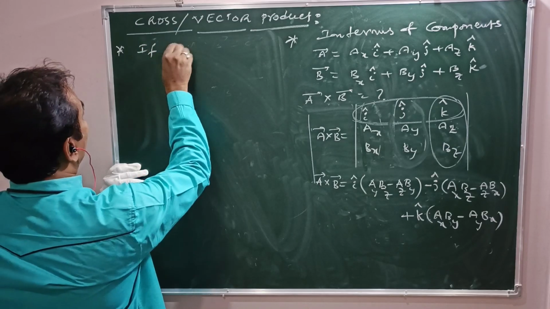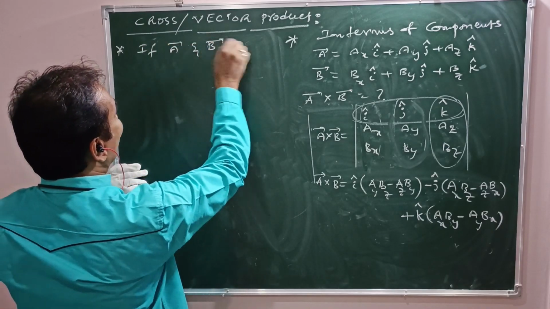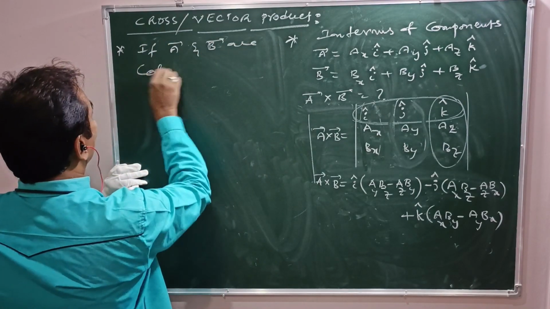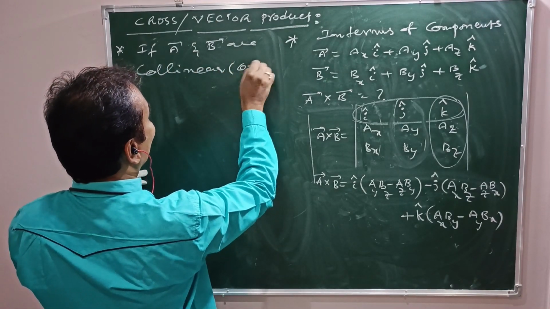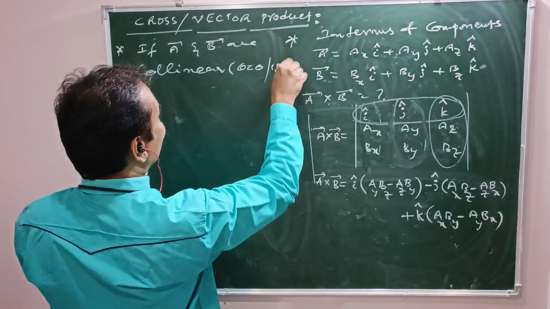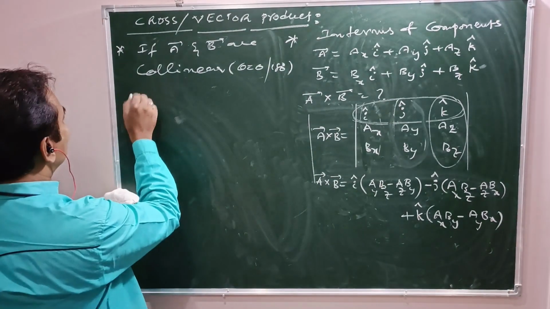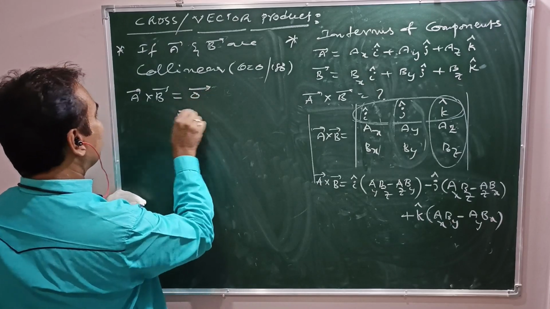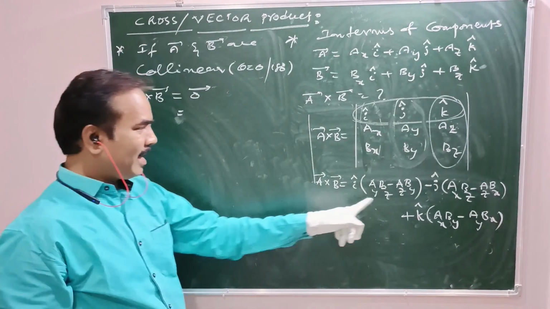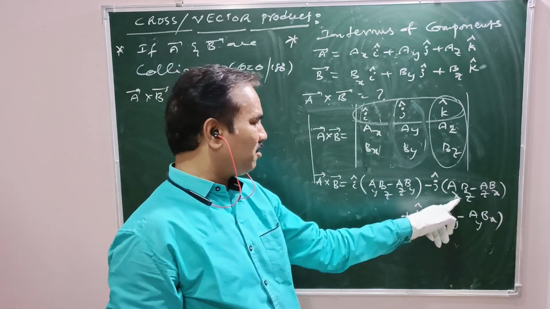If A bar and B bar are collinear, meaning theta is 0 or 180, then A bar cross B bar equals 0 bar, right? 0 bar in the sense x component 0, y component 0, z component 0.